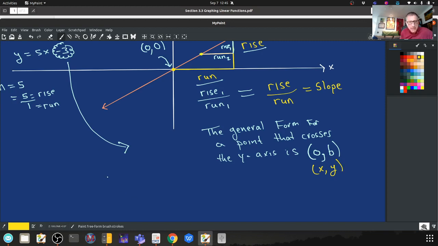So back up to over here. If I have y is equal to 5x minus 3, then m is equal to 5, and if you want to write that as 5 over 1, that's the slope. And here's the thing you have to be careful about.